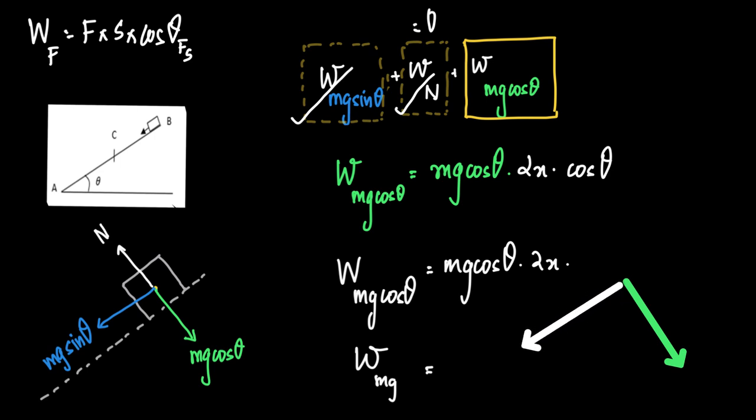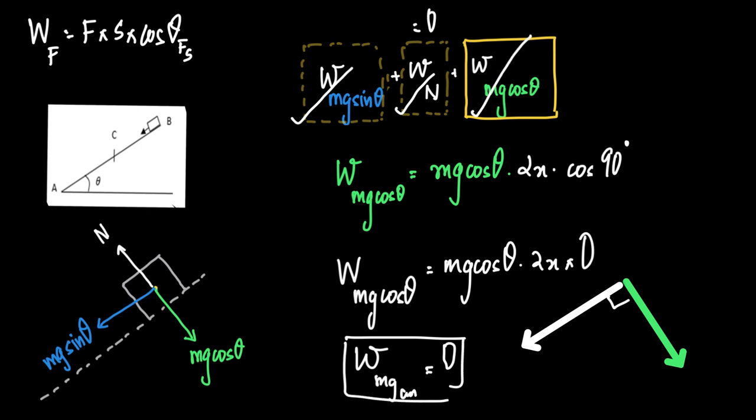And what is the angle between them? The angle between them is 90 degrees. Therefore, cos theta here would be cos 90 degrees, and the work done by mg cos theta will be mg cos theta times 2x times 0, and therefore the work done by mg cos theta is also equal to 0, which means we evaluated this part as well, right?